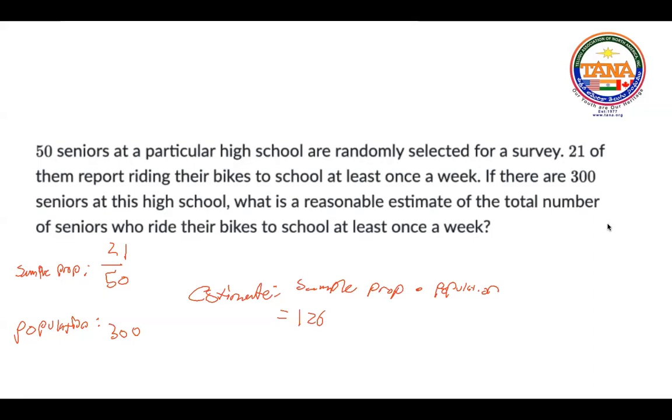So you did 50 over 21 versus 21 over 50. You just put your proportion backwards. You also did the 300 over x wrong. It's x over 300 equals 21 over 50.